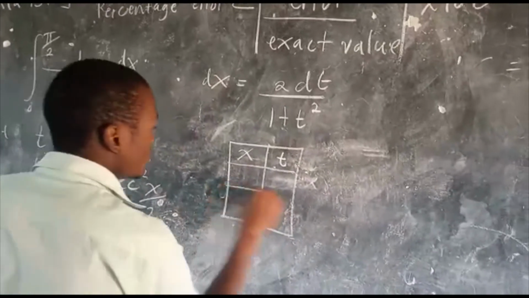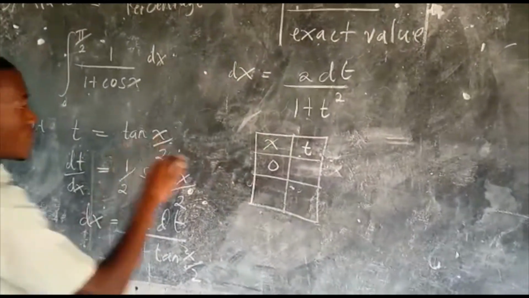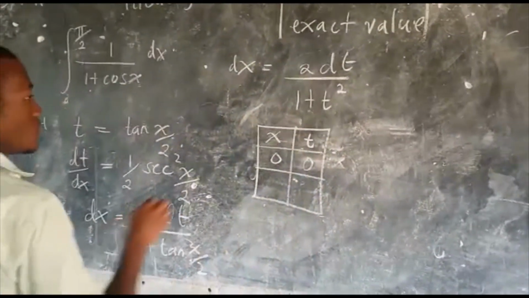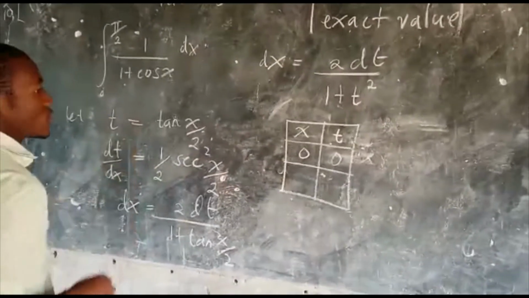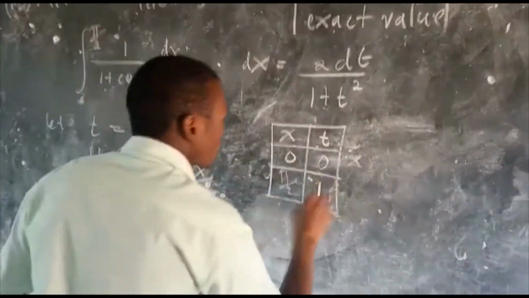When x is 0, I get t as 0. When I substitute x as pi over 2, I get t as 1.